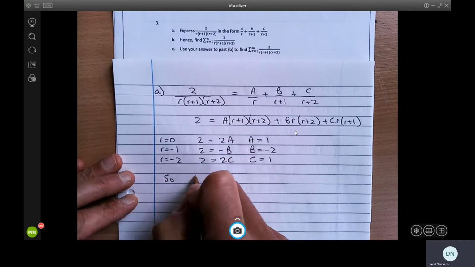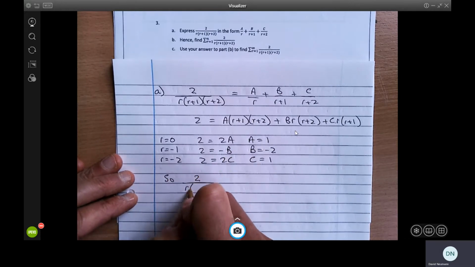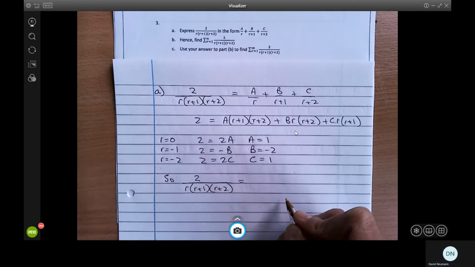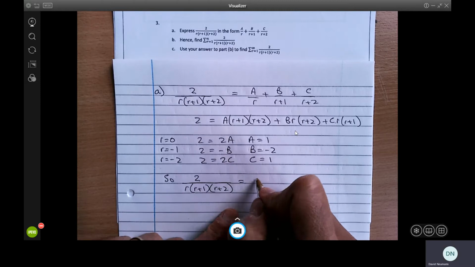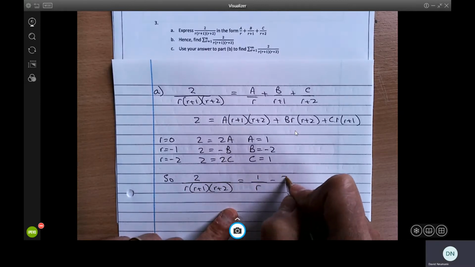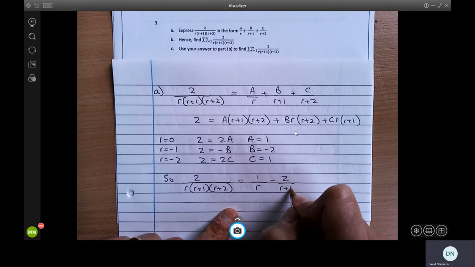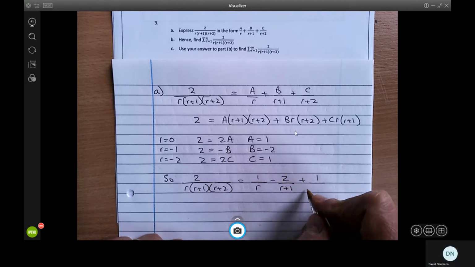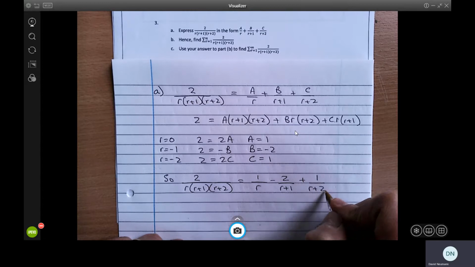So we can write 2 over r plus 1, r plus 2 in this form: 1 over r minus 2 over r plus 1 plus 1 over r plus 2.